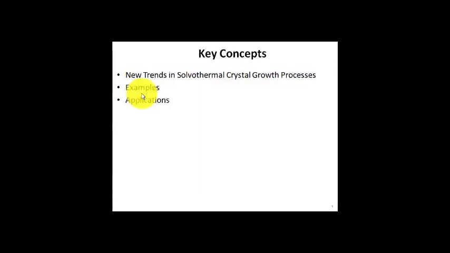So the key concepts of this lecture include new trends in solvothermal crystal growth processes. We will discuss some examples, for example, some oxides and non-oxide materials synthesized by hydrothermal or solvothermal method.